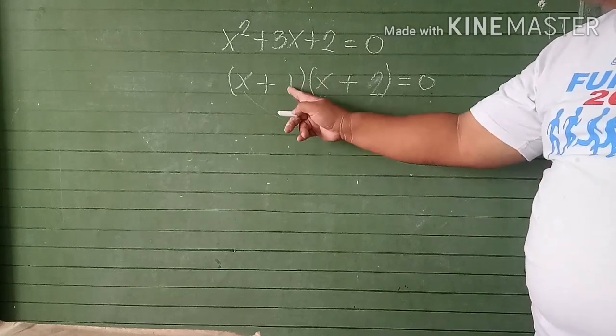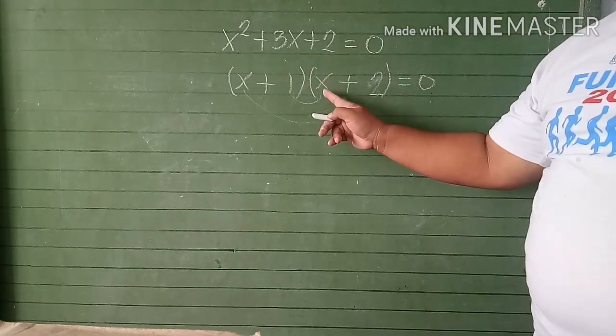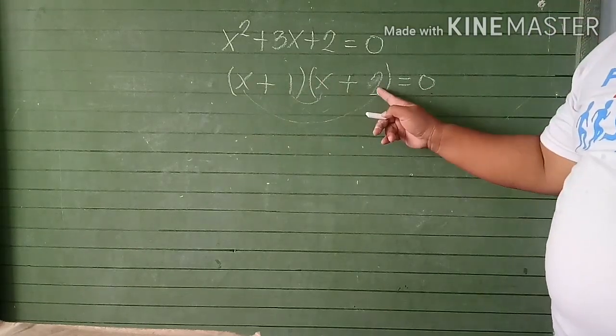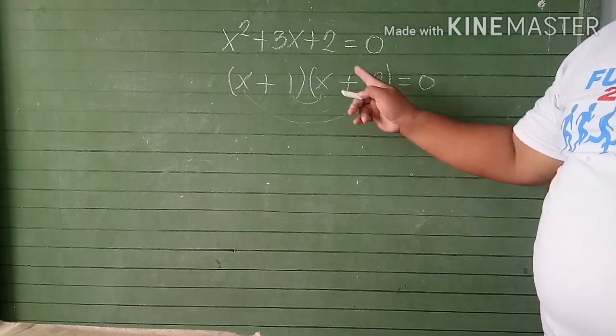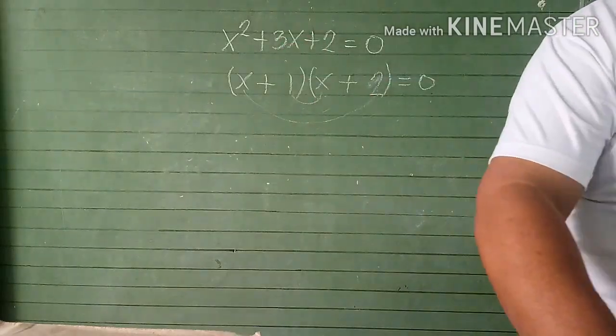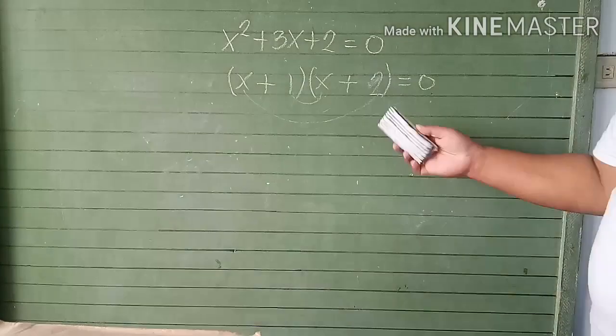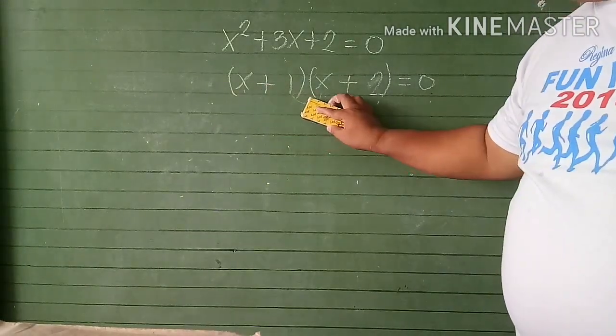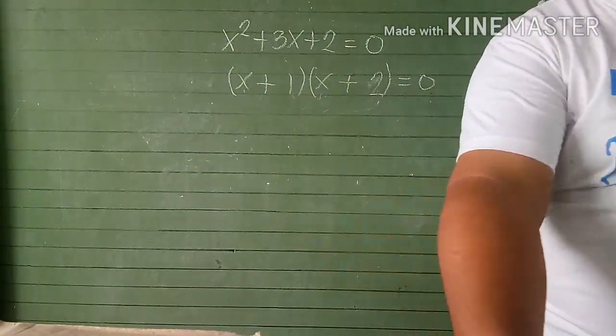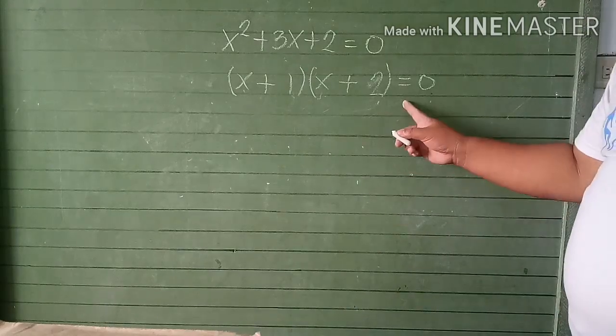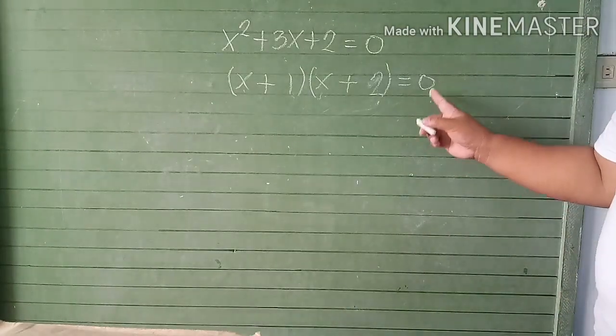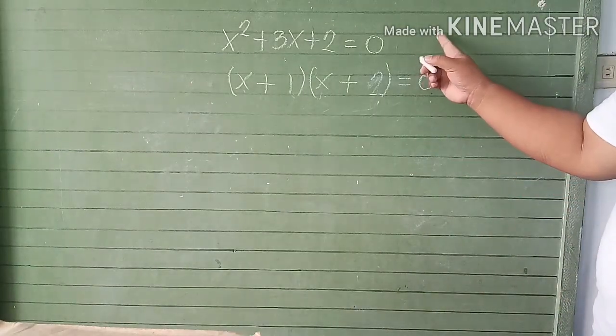So x plus 2x is 3x. That's how you check if your factors are correct. It means we arrived at the right answer. So these will be the factors of this quadratic equation.